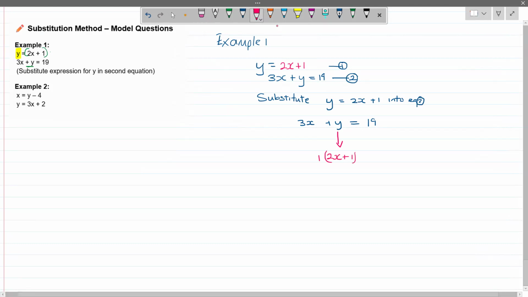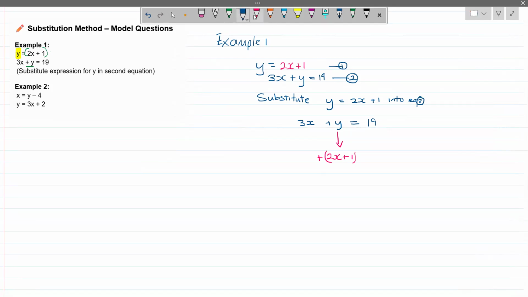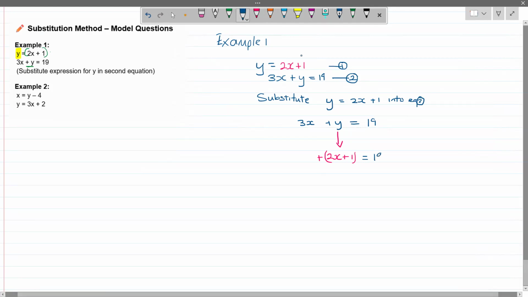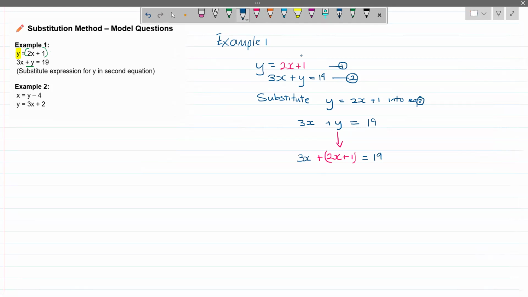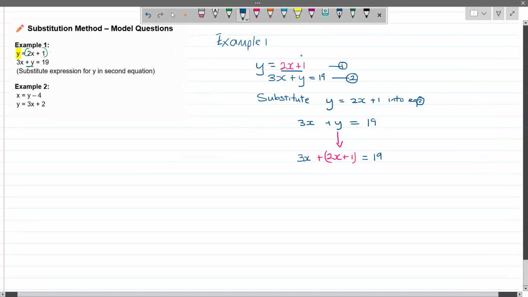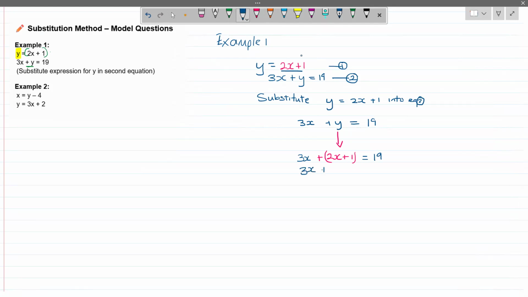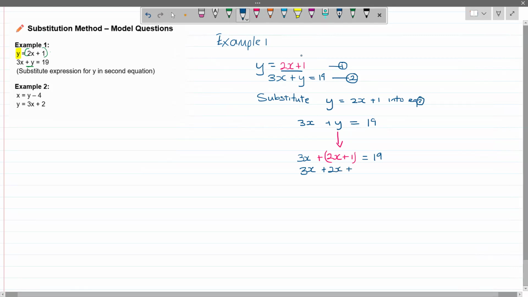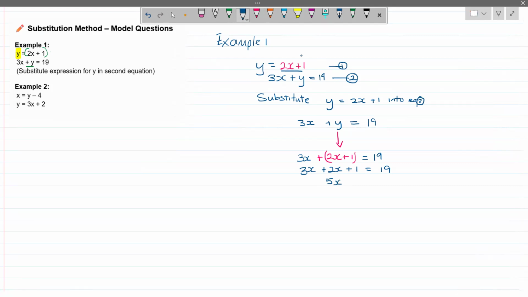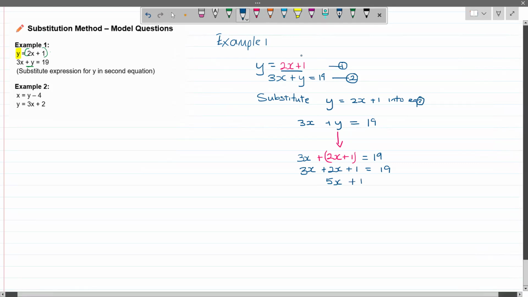So I'm replacing the entire y with this expression 2x plus 1. And what that does is I'll now have 3x plus 2x plus 1 is equal to 19. This is going to give me 5x plus 1 is equal to 19.